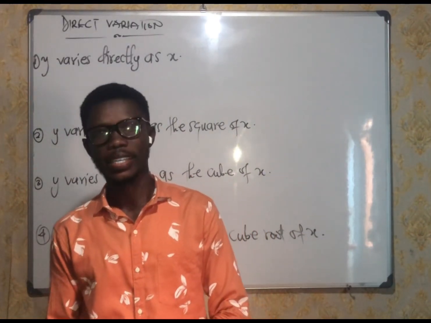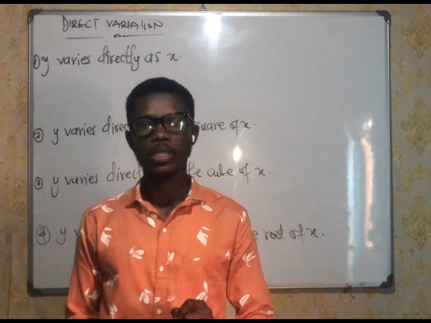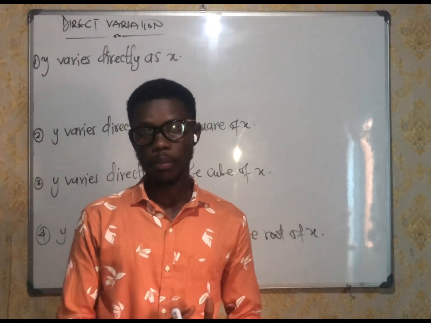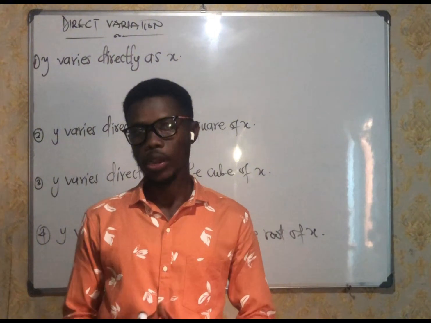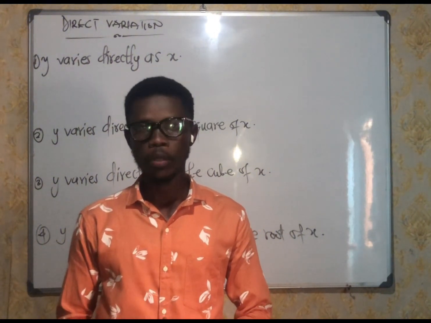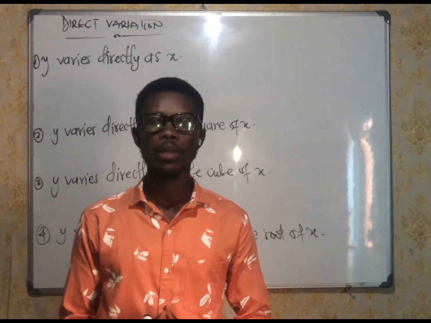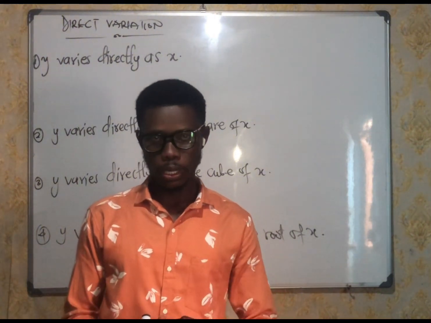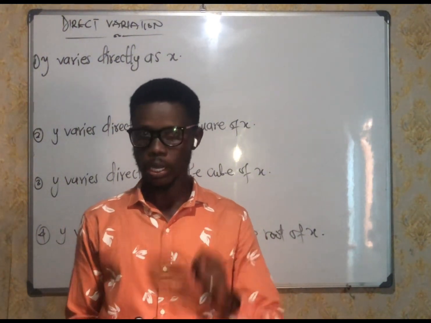Now, let's look at the direct variation. We have already established the definition of a variation, where one variable depends on the other variable. The direct variation is simply talking about when the variable increases, then the other one that it is depending on will also increase.